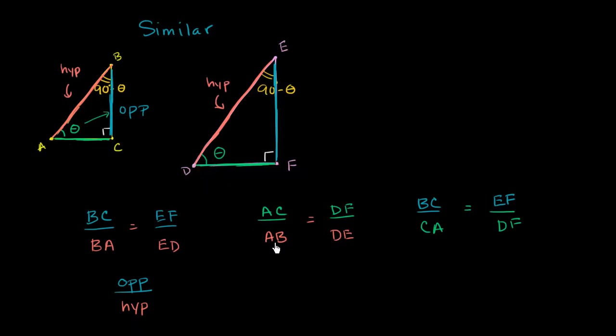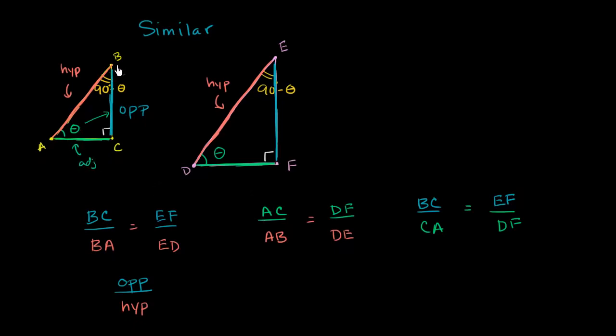Clearly, AB and DE are still the hypotenuses. Hypotenae, I don't know how to say that in plural again. And what is AC, and what is DF? Well, these are adjacent to it. They're one of the two sides that make up this angle that is not the hypotenuse. So this we can view as the ratio in either of these triangles between the adjacent side and the hypotenuse.